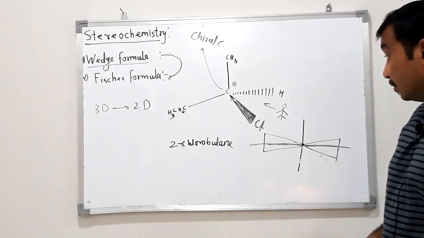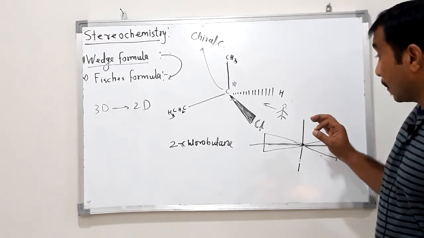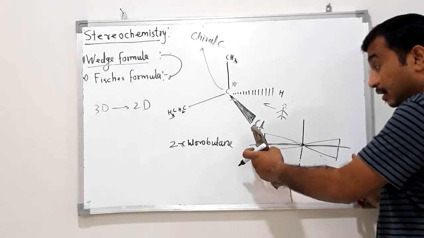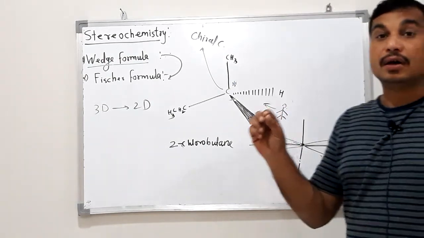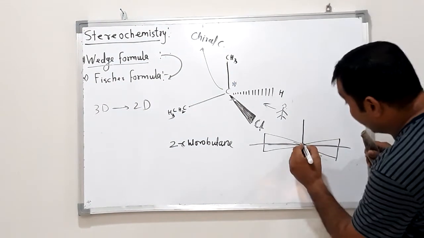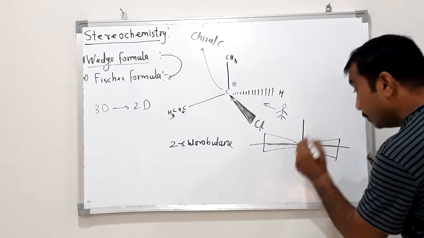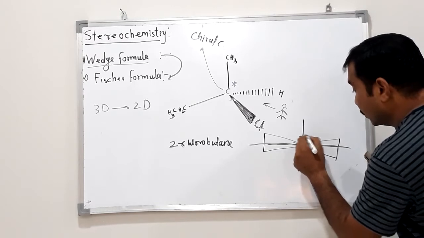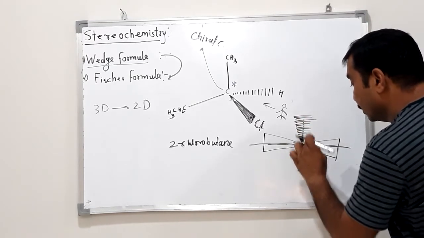Horizontal valencies represent above the plane, toward the observer, and these two vertical valencies represent below the plane, away from the observer.